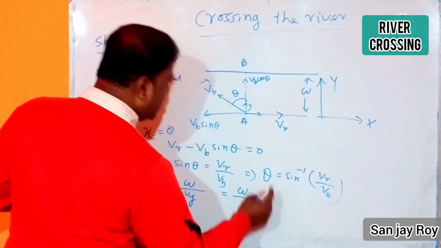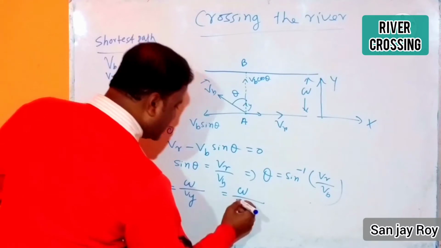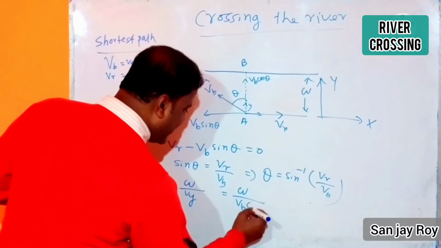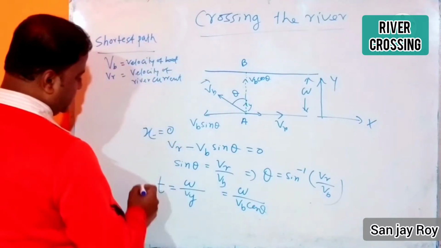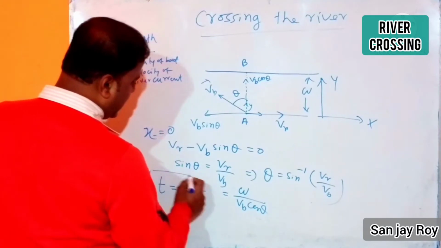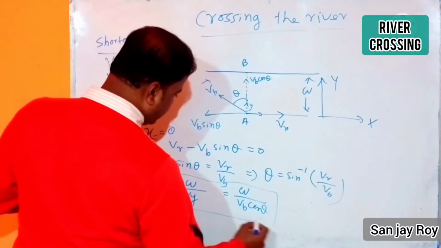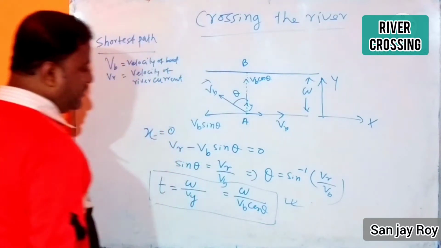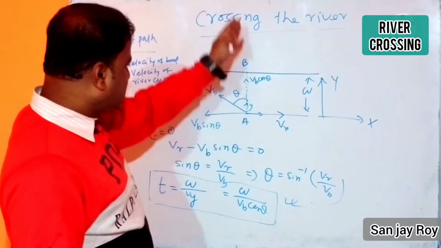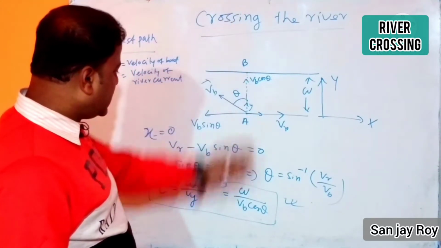What is Vy? Vy is Vb cos theta. Then this is the time for the shortest path, crossing the river in the shortest path.